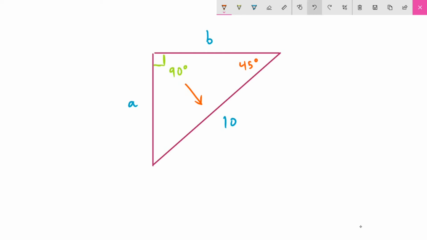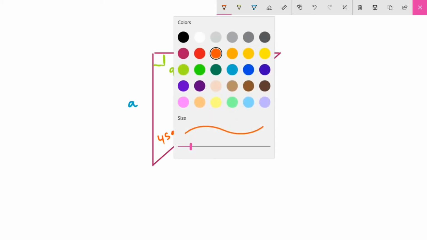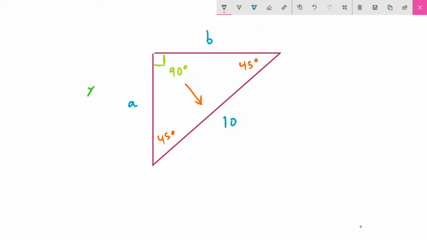Then this other angle is, of course, also going to be 45 degrees. Oh, wow, look at that. We've got a 45, 45, 90 triangle. So remember the special relationships: X, X, and X square roots of 2.